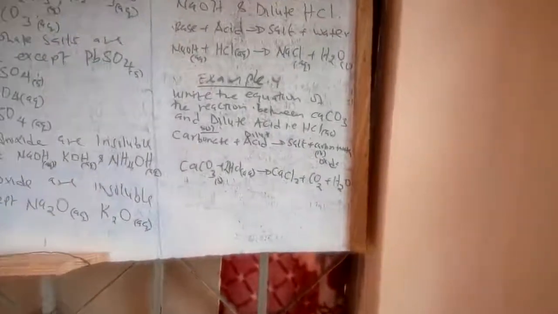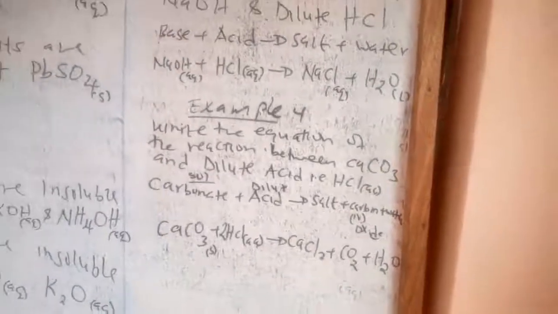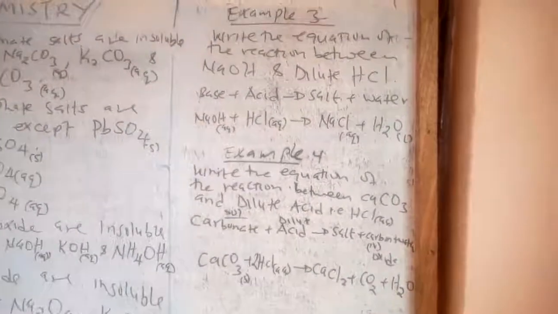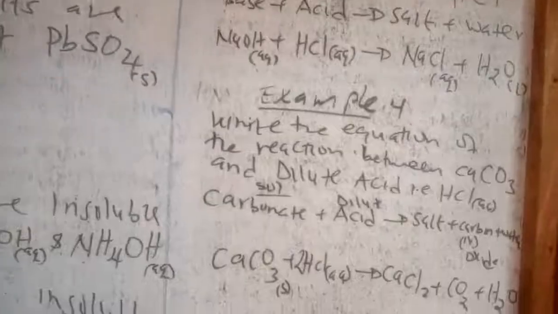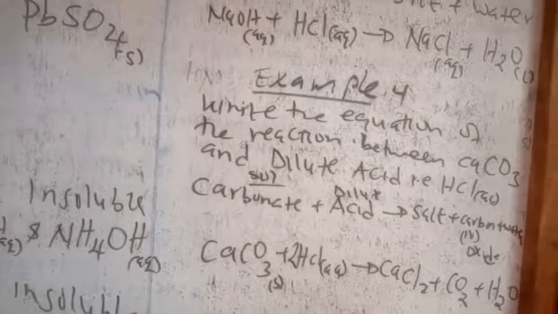On to the next example, remember, as far as example number 4 is concerned, we have carbonate reacting with dilute acid, and therefore the name of the salt depends on the type of the acid used. For example, you can work the same example with a different acid. For instance, I can come up with calcium carbonate.